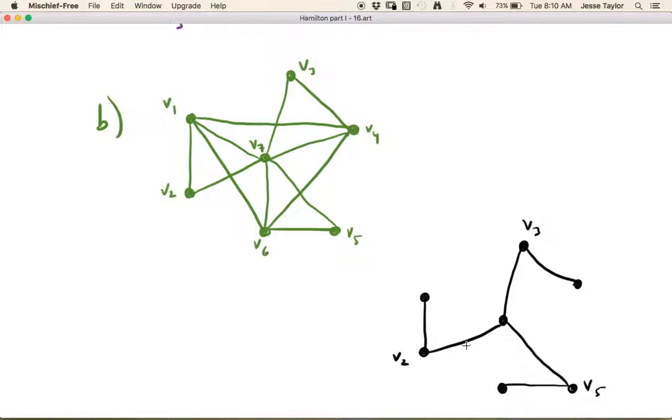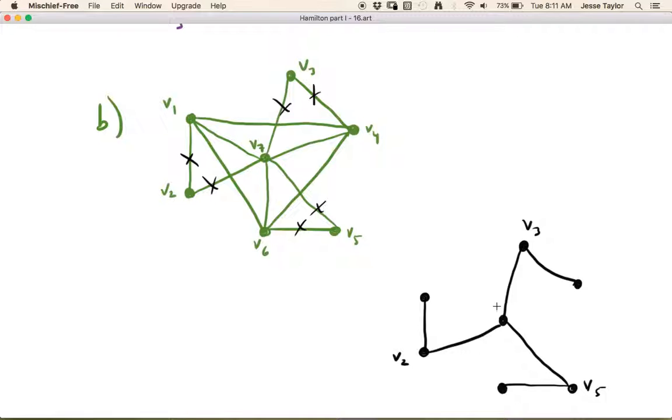Now all we've done here is say that if we have a cycle, it has to use these: this one, this one, this one, this one, this one, and this one, because all of those edges connect to degree 2 vertices. There's no way to include these vertices unless you include both of those edges. But now what's happened over here? Is there any way that you can just add edges to this and create a cycle?